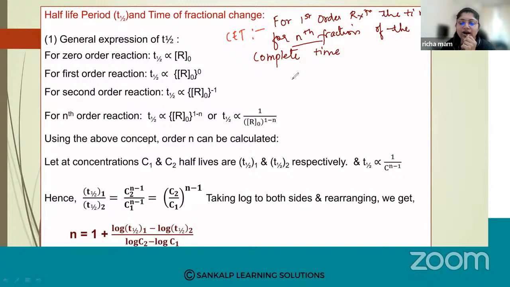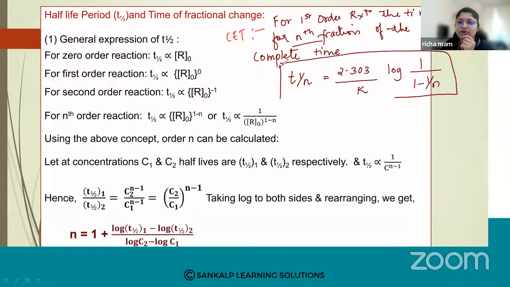So T of 1 by n is equal to 2.303 by k, log of 1 by 1 minus 1 by n. So this is the equation for the first order reaction when finding the time required for the nth fraction of the reaction to complete. This is the first note you have to note down.